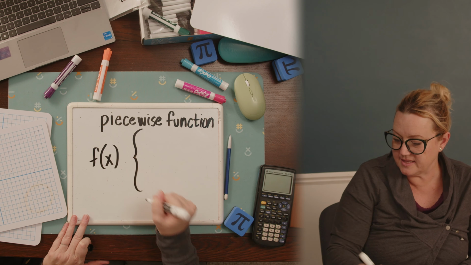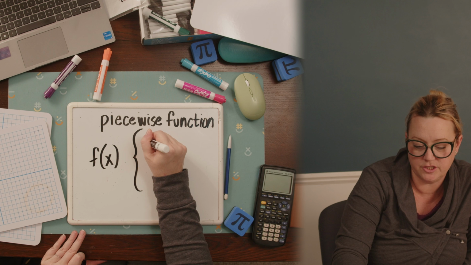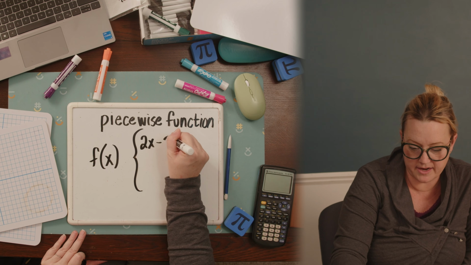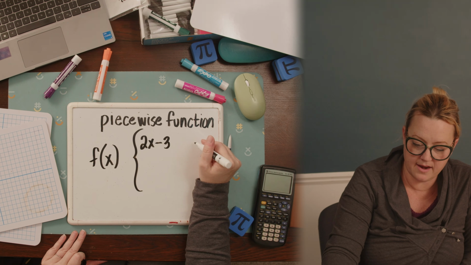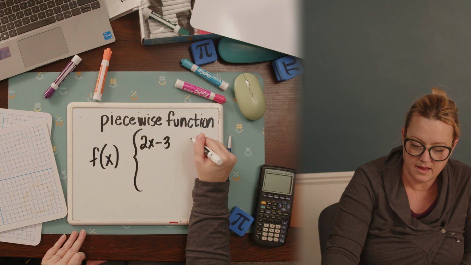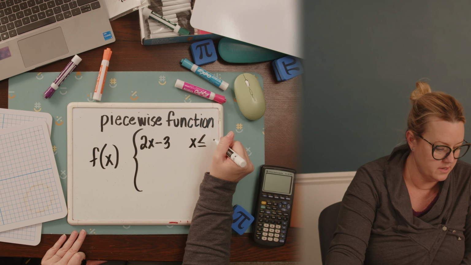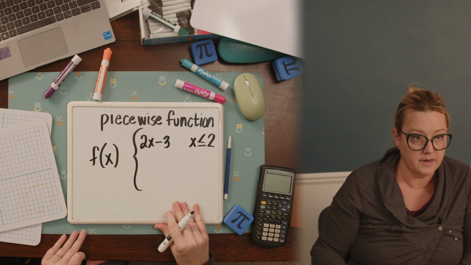So it just means that the function of x is, let's say we do 2x minus 3 when x is less than or equal to 2. Okay.